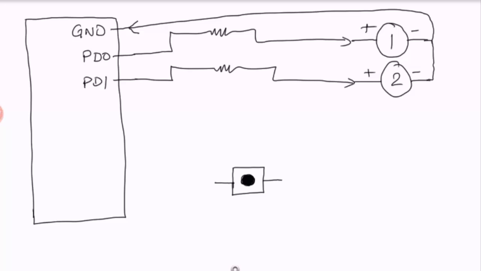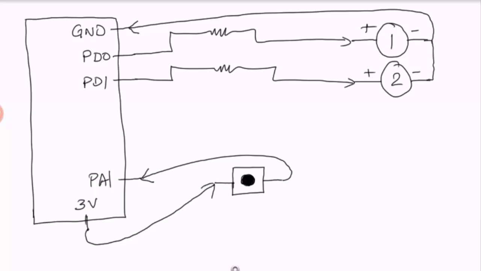We have the PA1 pin and 3V pin on the discovery board. Then we connected one end of the switch to the PA1 pin and connected the 3V pin to the other end of the switch. Okay, so this is the circuit that we have already built and worked on in the previous tutorial.